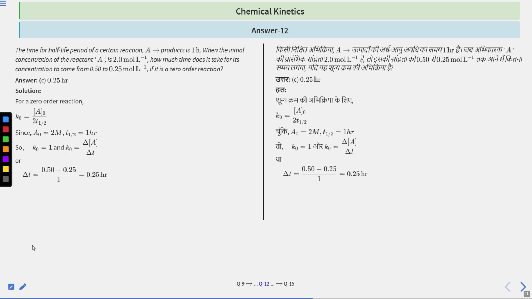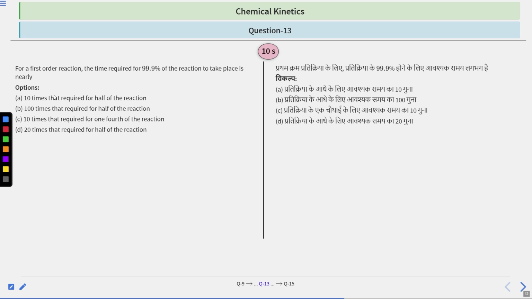Okay, let's move to the next question. Question number 13. For a first order reaction, the time required for 99.9% of the reaction to take place is nearly. So a reaction is happening, and we have to find out the time required for 99.9% of the reaction to happen, and the reaction is a first order reaction.